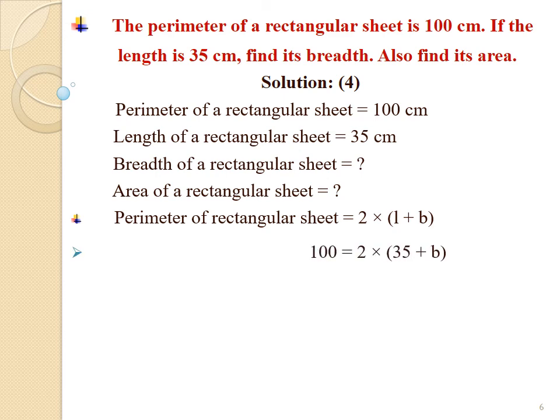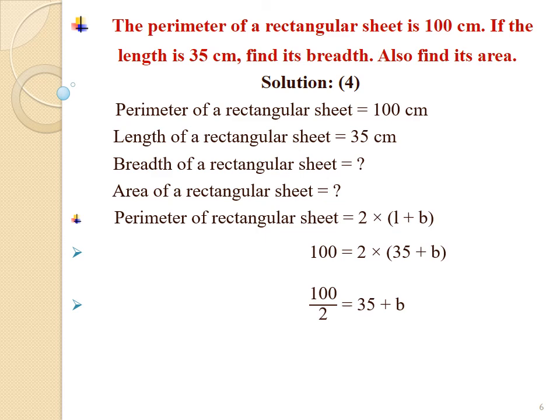Students, now we have to transpose 2 from right hand side to left hand side by changing its sign from multiplication to division. Thus, we get 100 upon 2 equals to 35 plus B.